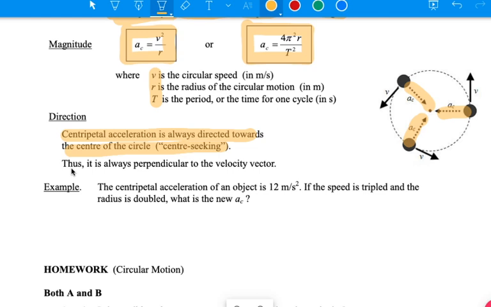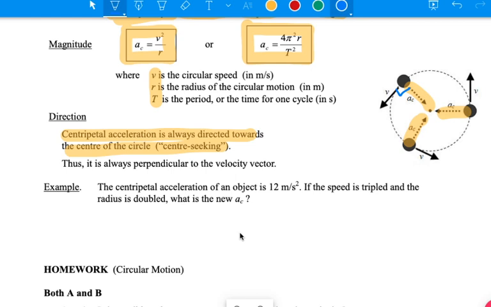So by definition, if that is pointed to the center, that means it's going to be perpendicular to our velocity, right? So you'll always have centripetal acceleration perpendicular to our object's velocity vector.